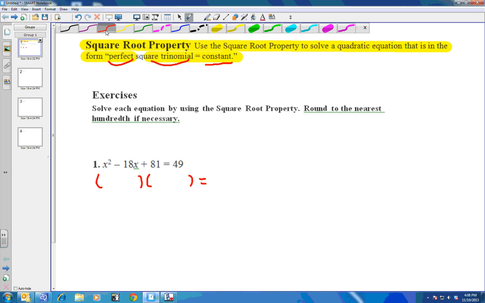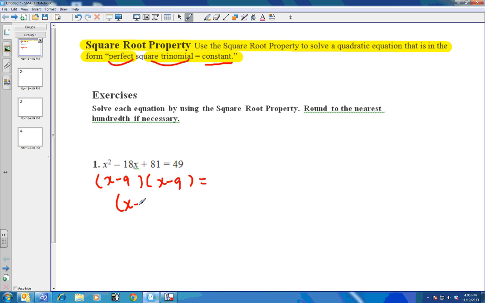I need factors of 9 that when I add them I get 18. Well, it has to be x minus 9 and x minus 9. Now here's the deal. When I factor this, I'm going to rewrite this as x minus 9 quantity squared equals 49.